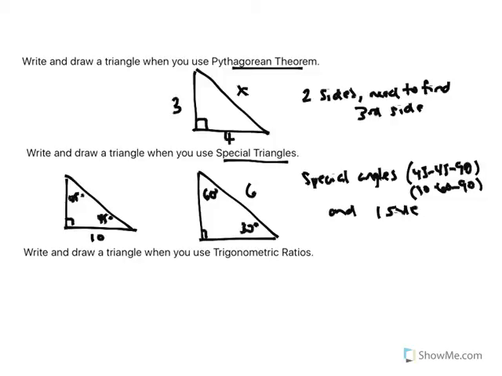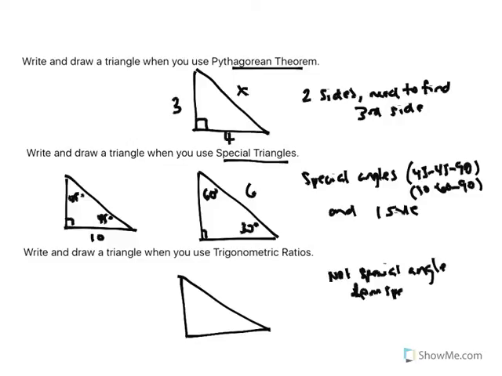So when do we use trigonometric ratios? We use trigonometric ratios for any angle that's not a special angle from special triangles, and we are given one side.